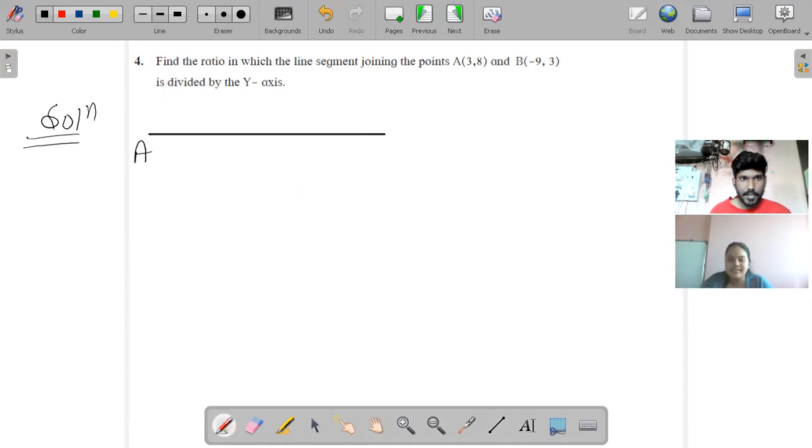This is A, that is 3, 8. This is B, that is minus 9, 3.